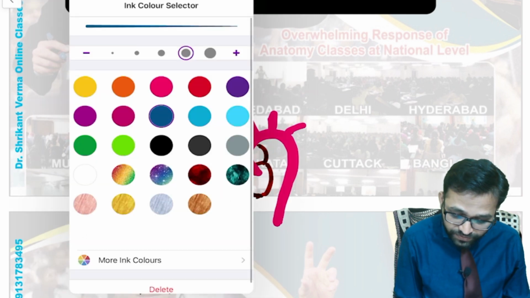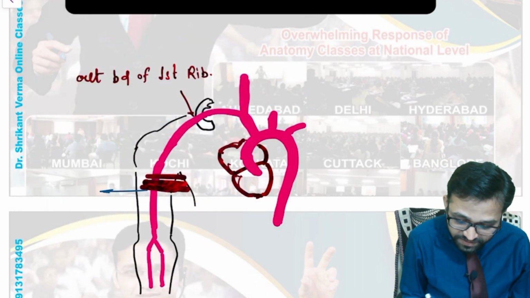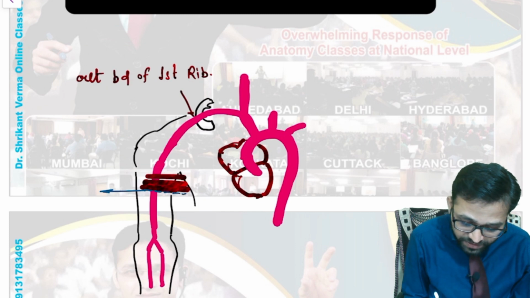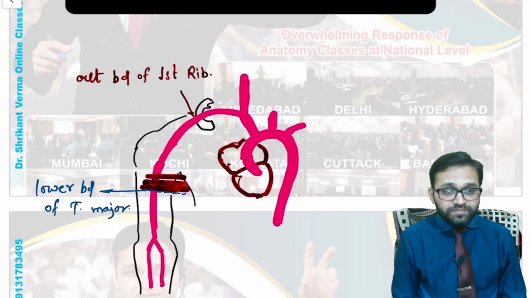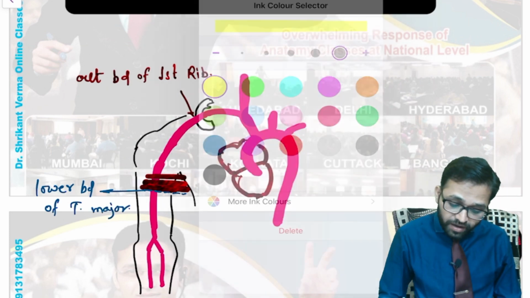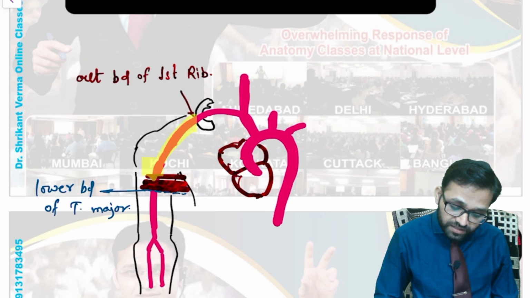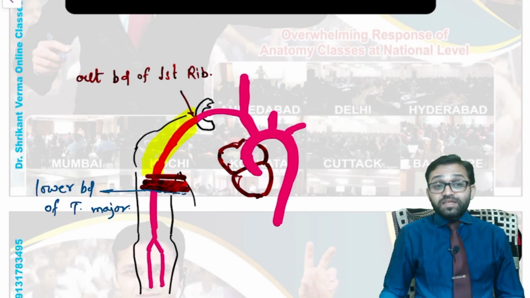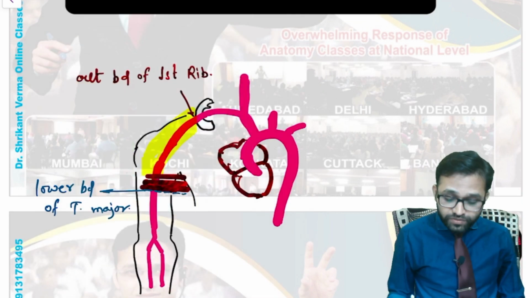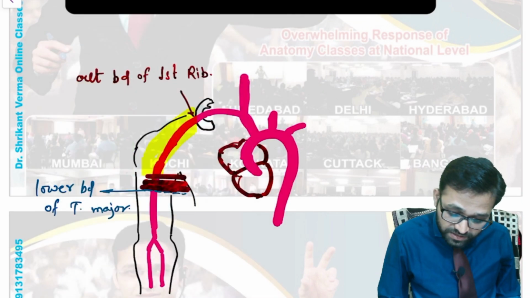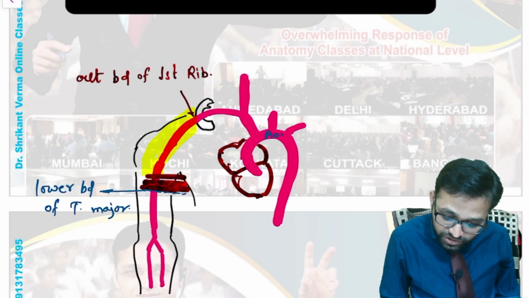Just observe another landmark here: the lower border of the teres major. In between these two landmarks, this particular artery, the continuation of the subclavian artery in the axilla, is known as the axillary artery.